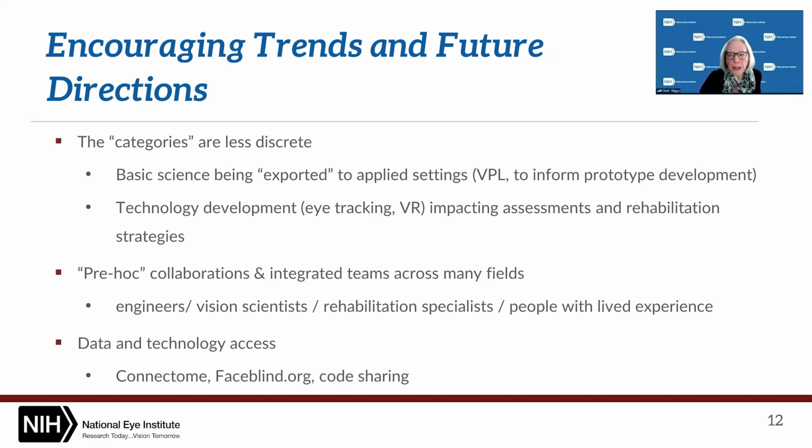I'm sure you picked up on that with the visual perception learning example that I described. But we also see basic science informing prototype developments as they're being developed. That blurred line can also be seen with technology development, which has been impacting assessments and rehabilitation strategies.